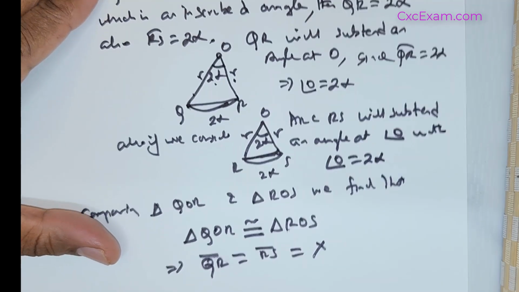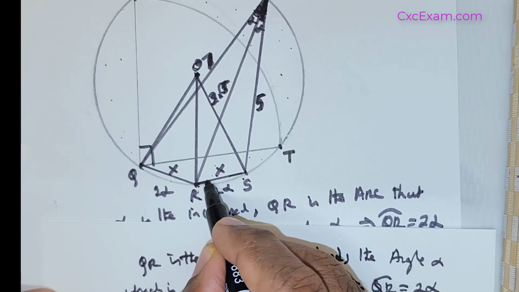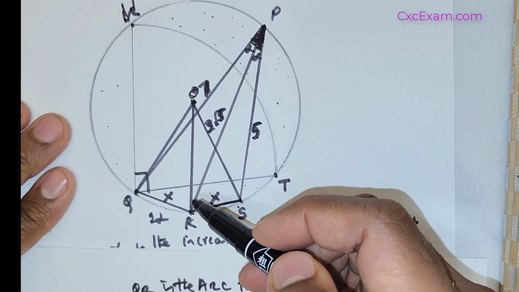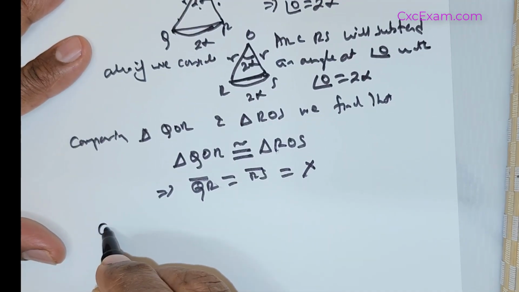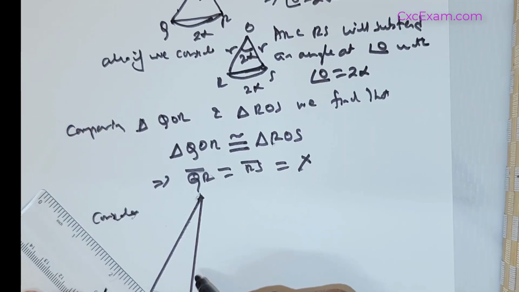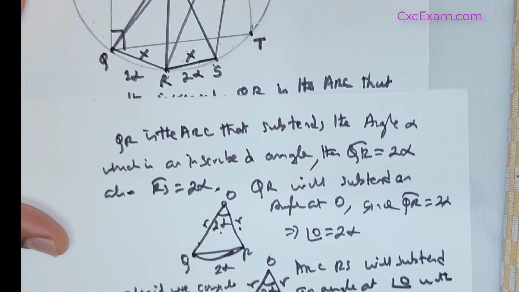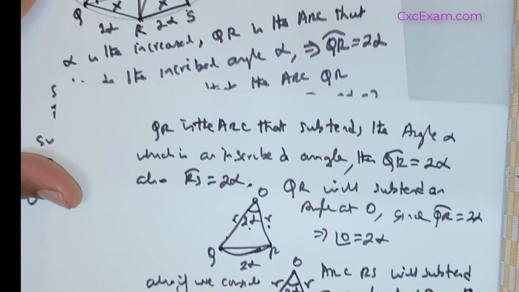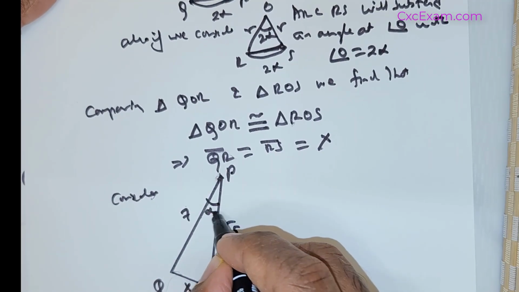Let me take that to be equal to X. So I'm taking this distance as X and this distance as X. Now we will apply the cosine rule for triangle Q, P and R. This distance is X, this distance is 7 units and the other distance is 3 root 5, and we are taking this angle as alpha.